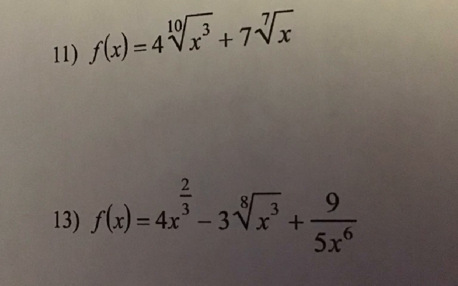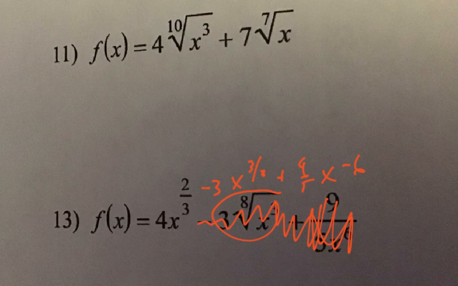Okay, let's see here. Did I leave myself enough room for 13? I'm going to rewrite this as negative 3 x to the 3/8 plus 9/5 x to the negative 6. So, hopefully I can read my writing correctly.